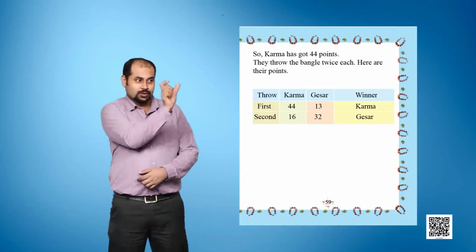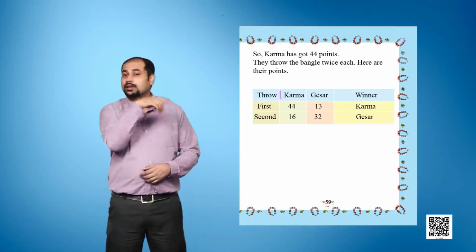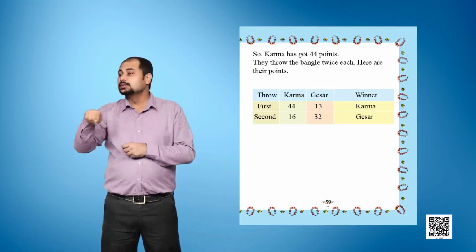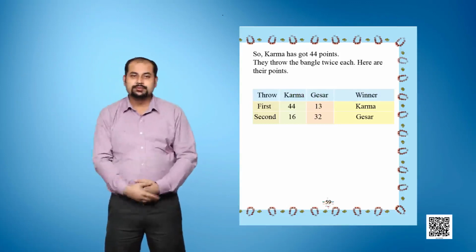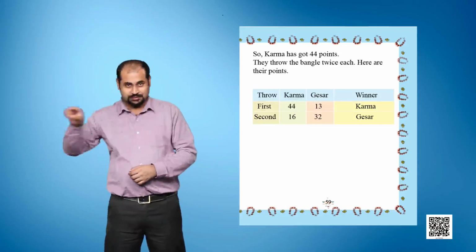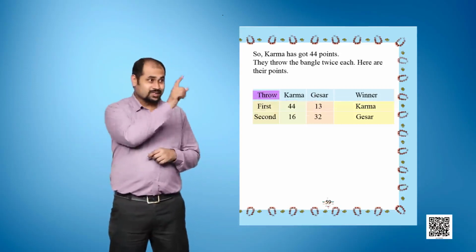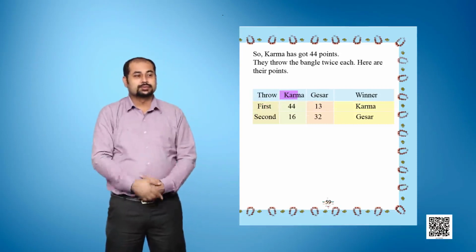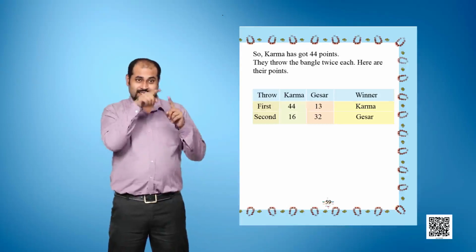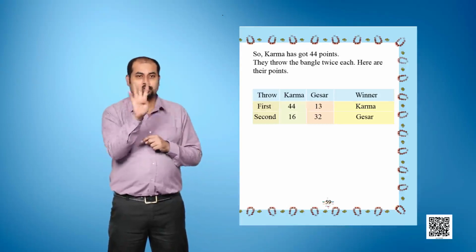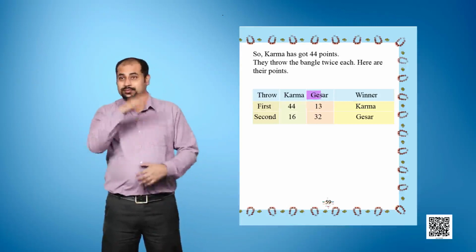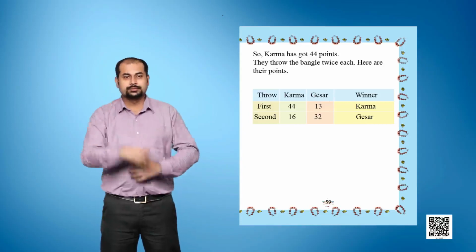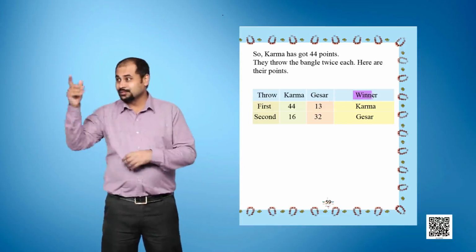Throw, Karma, Gesar, Winner. Row 2. Throw first. Karma 44. Gesar 13. Winner Karma.